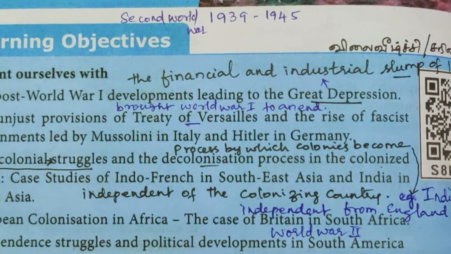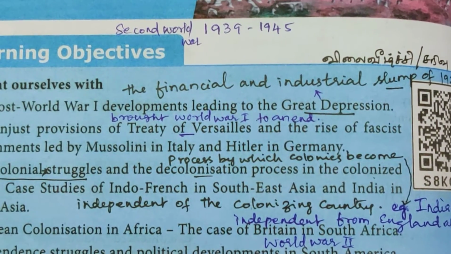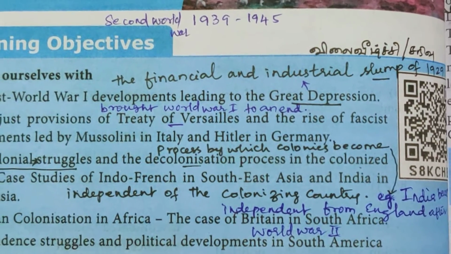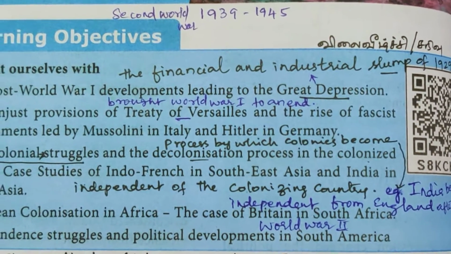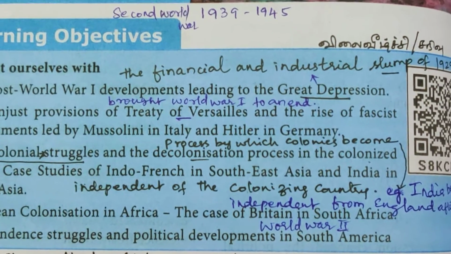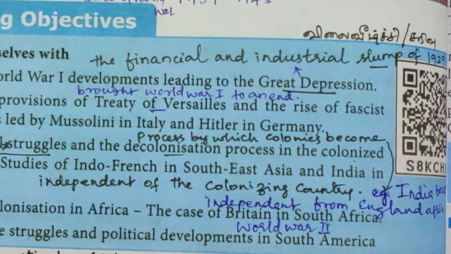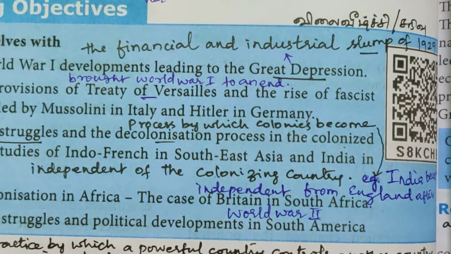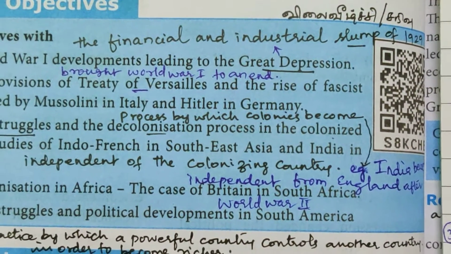Decolonization is a process by which colonies become independent of the colonizing country. A good example: India became independent from England after World War II. Here, the case studies of Indo-China in Southeast Asia and India in South Asia, we are going to discuss.